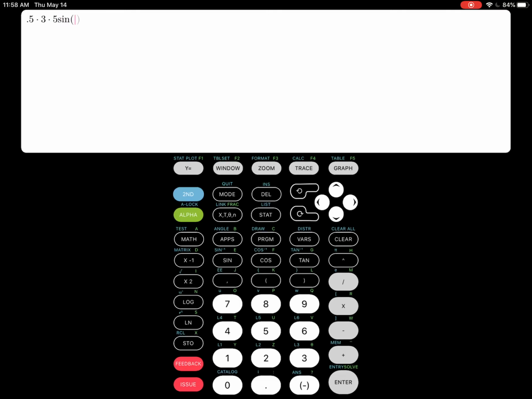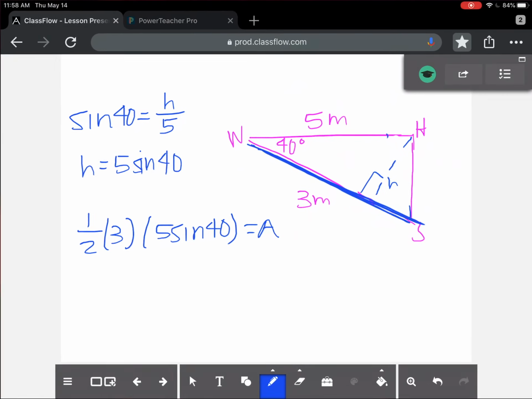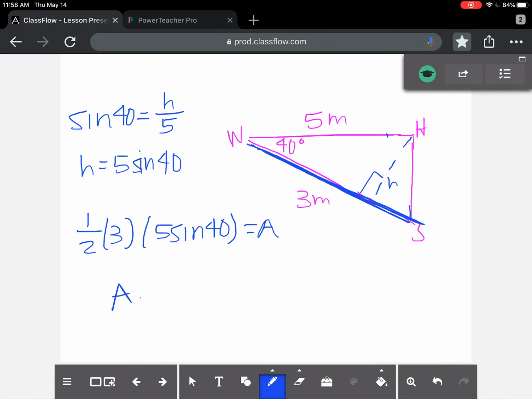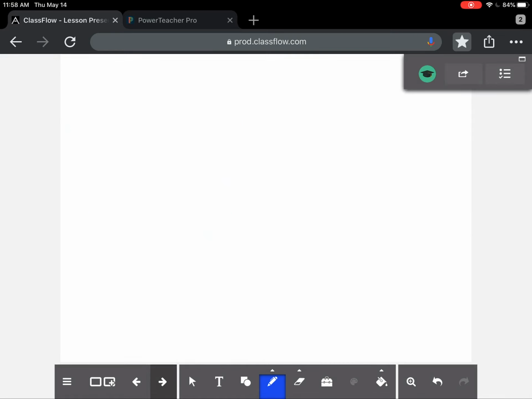My base, we said, is 3 meters, so 1/2 times 3 times 5 sine of 40 will equal my area. And that will be 4.82 meters squared. Okay? All right, so that's how you find area.